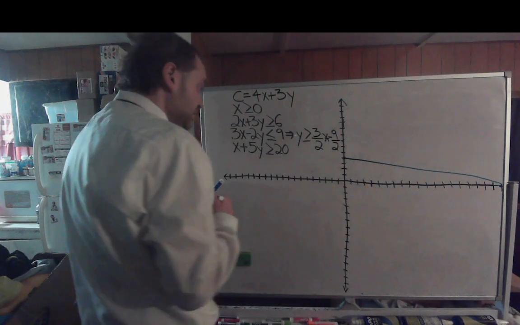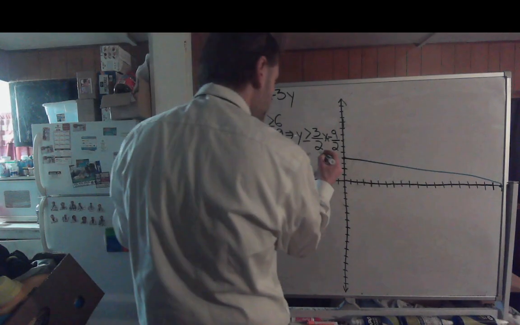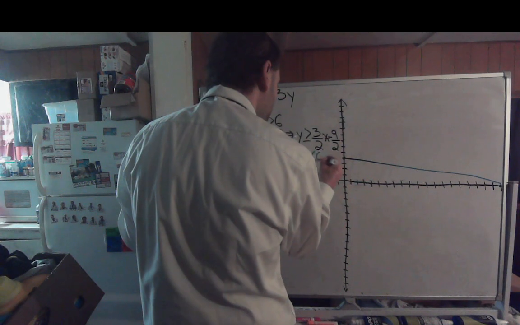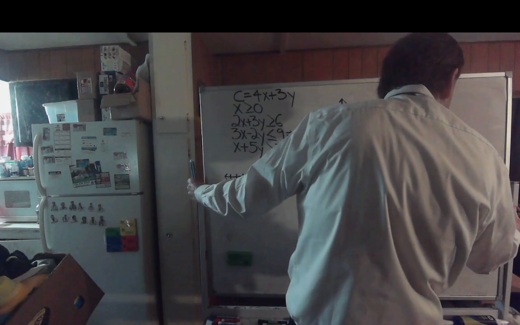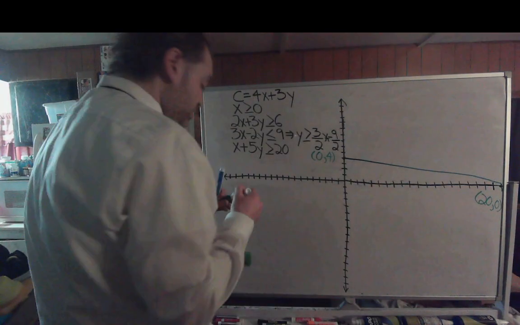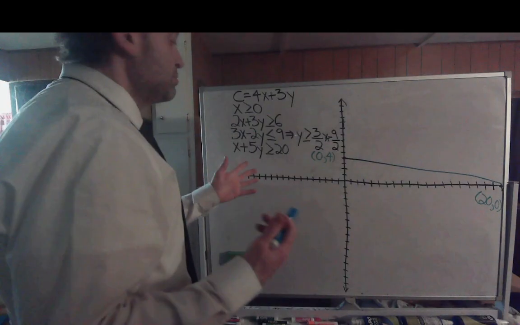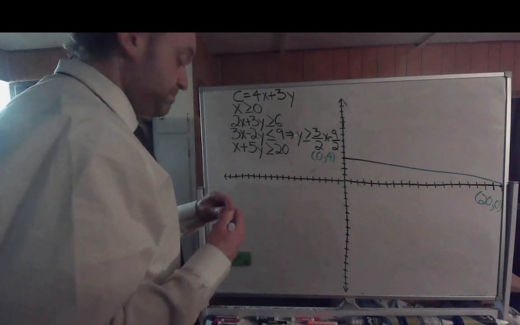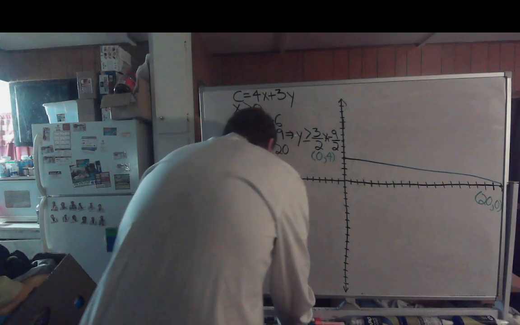So label your vertices here, which would end up putting you at 0, 4, and then of course at 20, 0. And then you're going to end up having both a maximum and a minimum value. No, you'll have a minimum value because this will actually be an unbounded region, because you're going to shade everything above this line here.